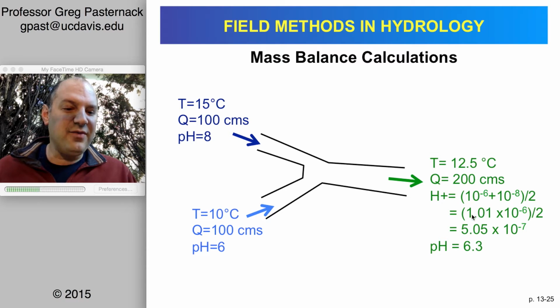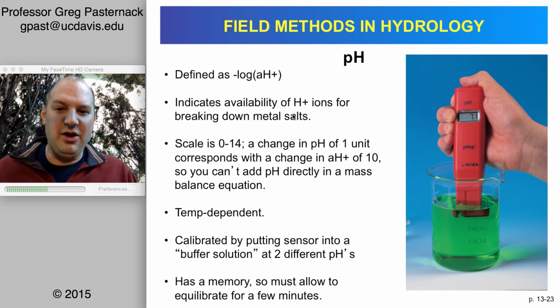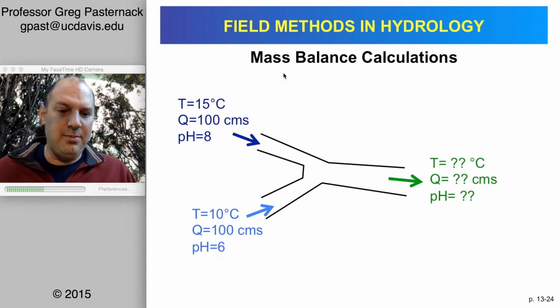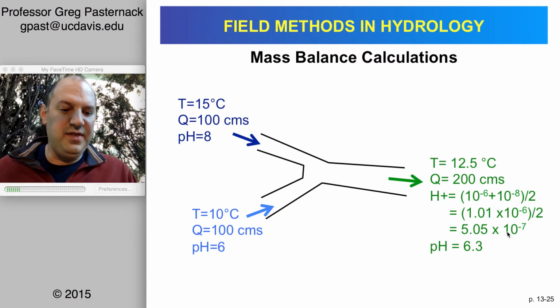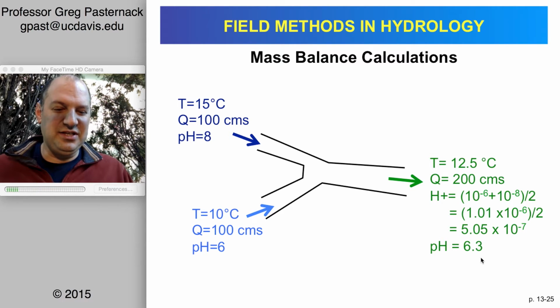So if I take the average of those two numbers, you get 5.05 times 10 to the minus 7. And now I have to remember my formula here, negative log of that number. And if you take the negative log of this number here, you'll find you get a value of essentially 6.3. And notice I'm being very careful about my significant digits.